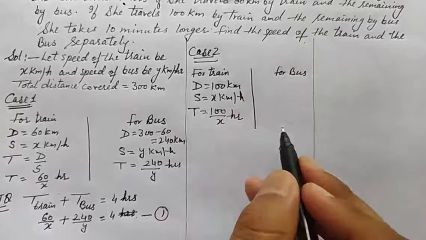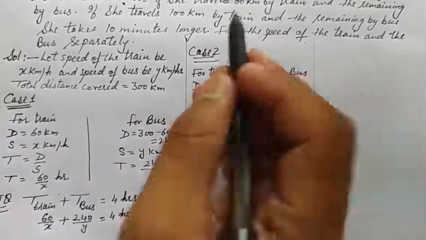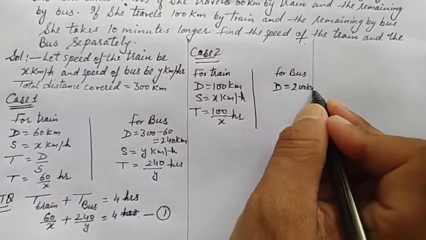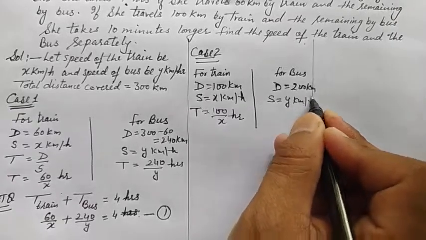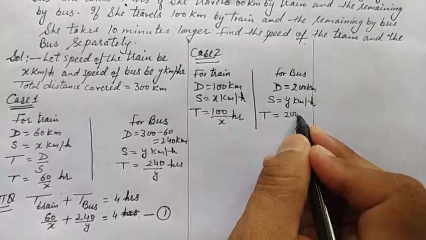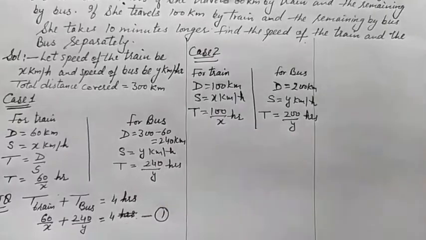In the case of the bus, the distance traveled is 300 minus 100, that is 200 kilometers. The speed of the bus is y kilometers per hour. So the time taken by the bus is distance over speed, 200 over y hours. This is the time taken by the bus.